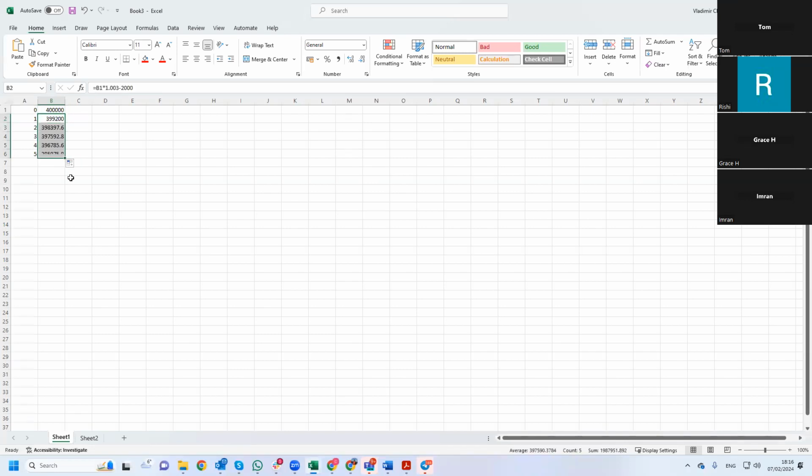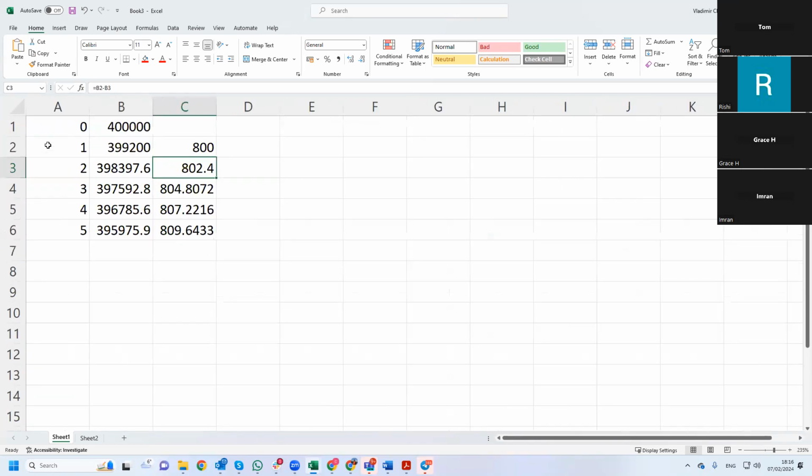Okay, yeah, that sounds right. And then equals this minus this. So the first month you go down by 800. First month you decrease the amount you owe by 800. Second month by 802, 804.